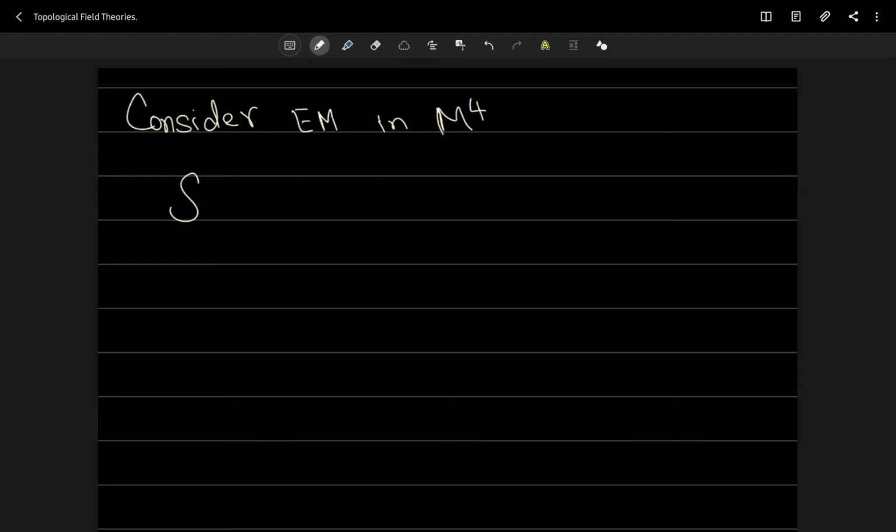for electrodynamics, electromagnetism is -1/4 integral d4x F mu nu F mu nu, right?